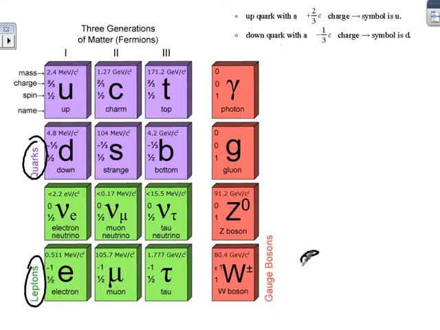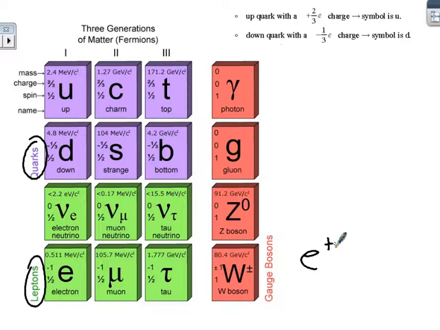A positron would have the same mass energy ratio, but it would just have a positive charge. An antiparticle, an anti-up quark, would just have the opposite charge, so it would be a negative 2/3 charge, and an anti-down quark would have a positive 1/3 charge.